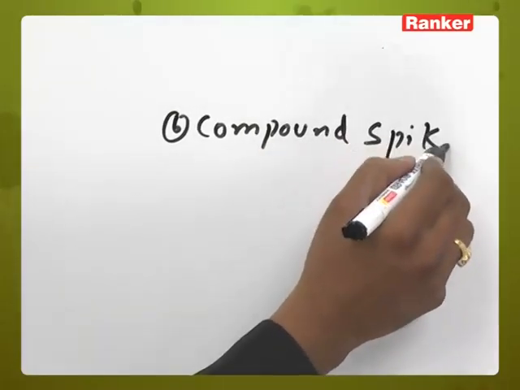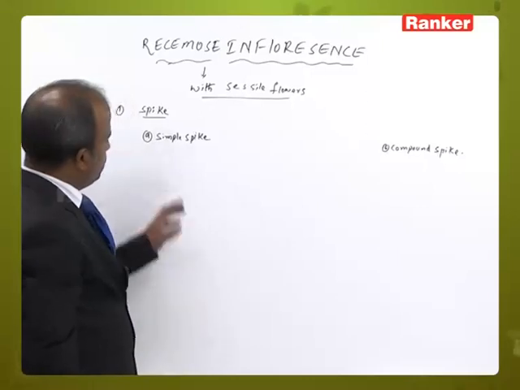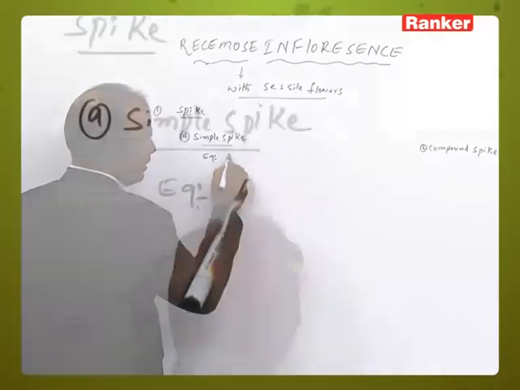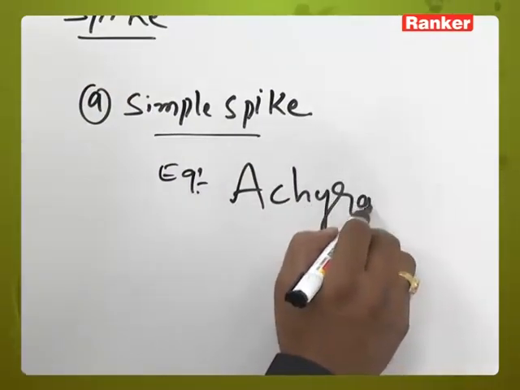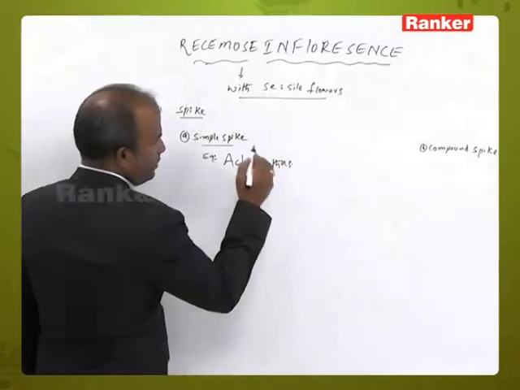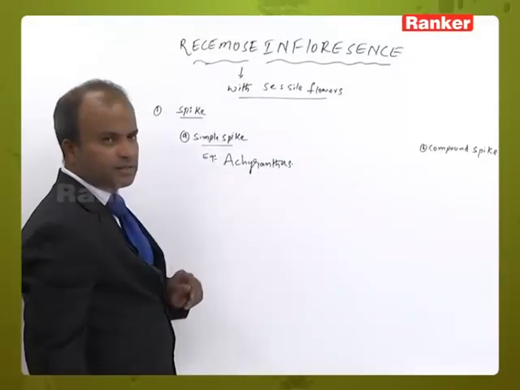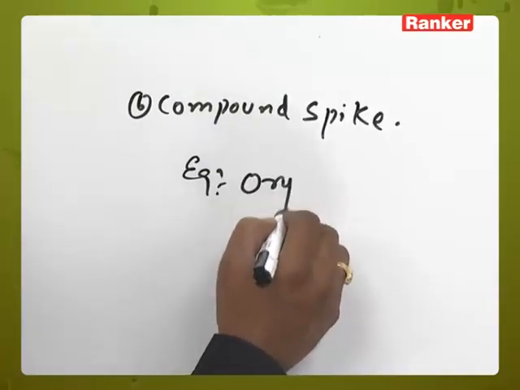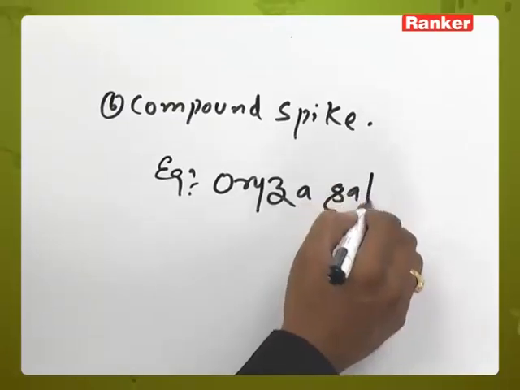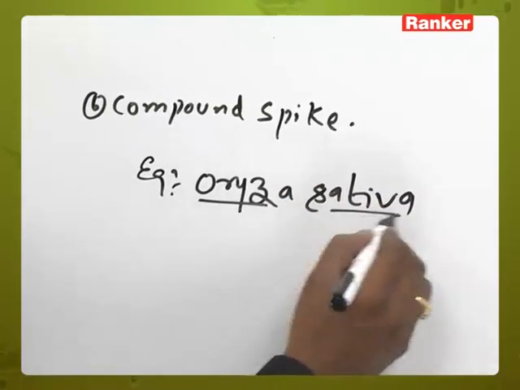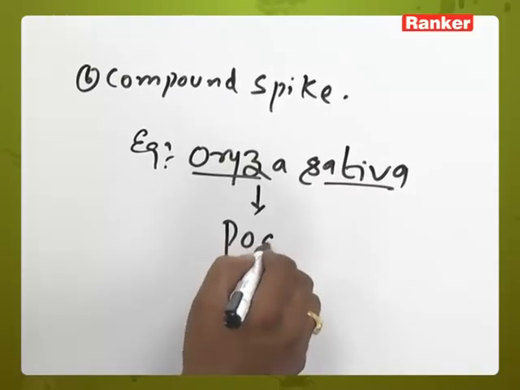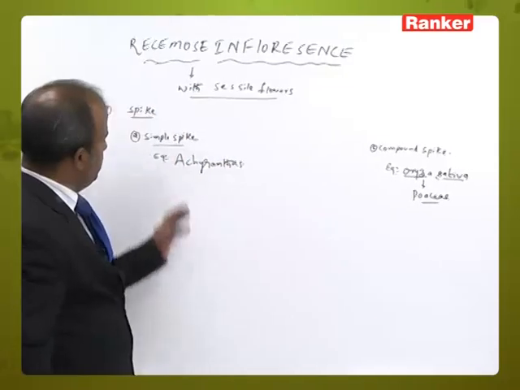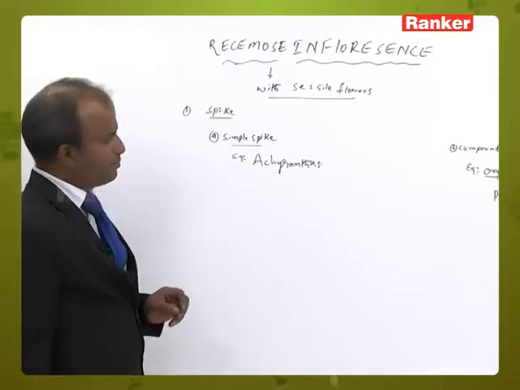The simple spike example is Echinacea, and the compound spike example is Oryza sativa. Oryza sativa belongs to which family? The Poaceae family.